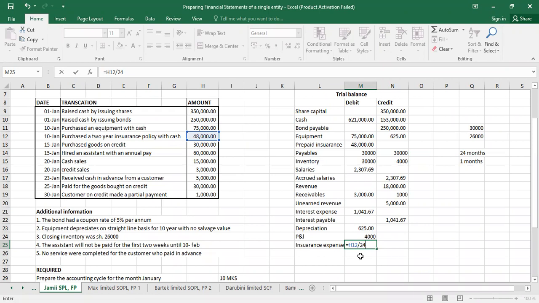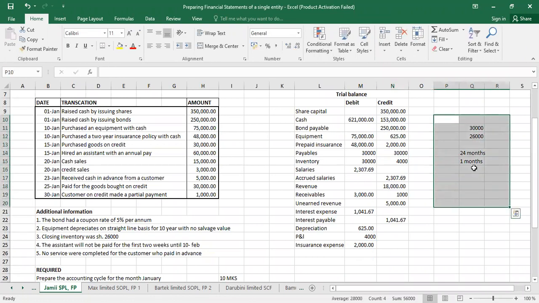What was it for the month? 2,000. Are you getting that one? Because we have debited the insurance expense, we will credit the prepaid insurance with the same amount. So I think everything is over.